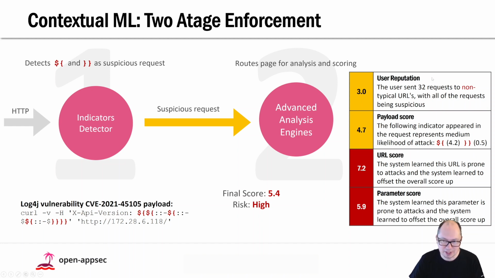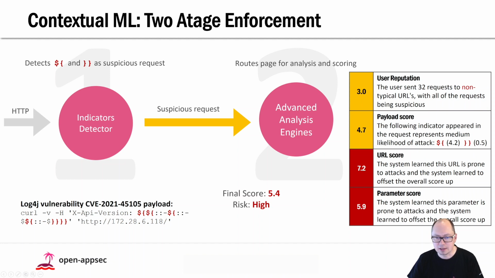Again, the user reputation is not very good. The payload score is already significantly high, which was given from the indicator detector in phase one. And then there's the URL score, where the system already learned based on the past traffic that was observed that this URL is prone to actual attacks, and that this is not normal behavior that we see on this URL in general, and also not on the specific parameters.